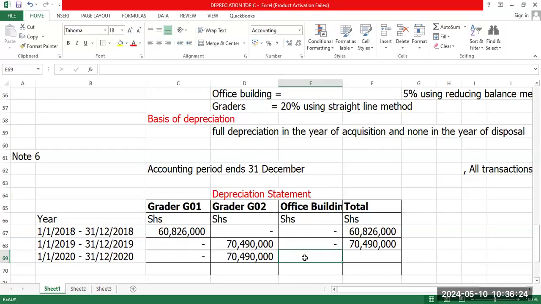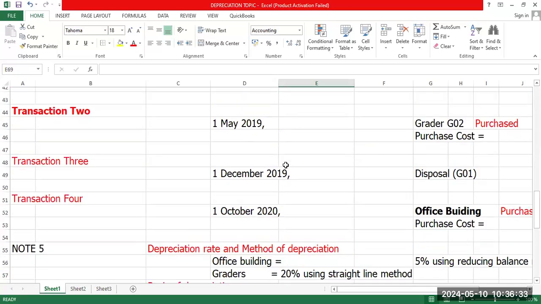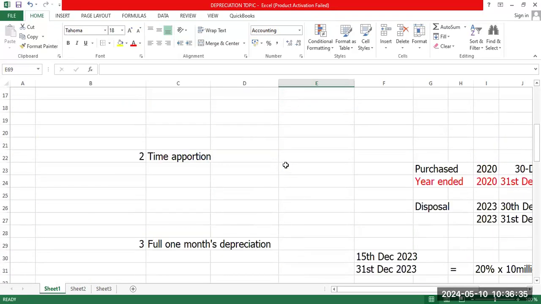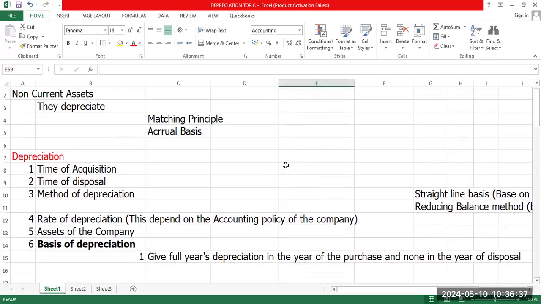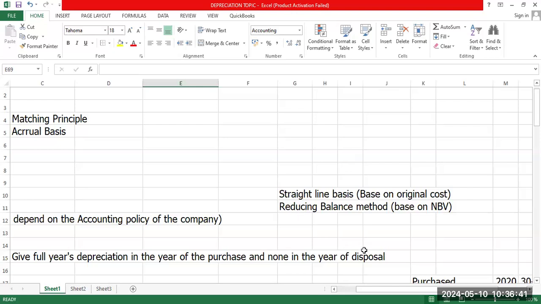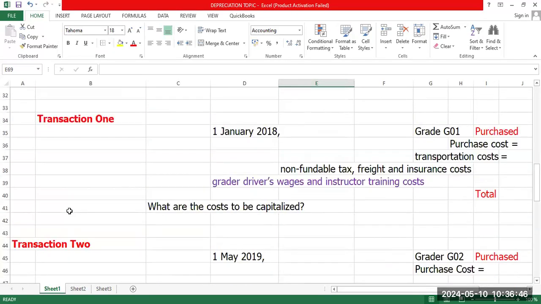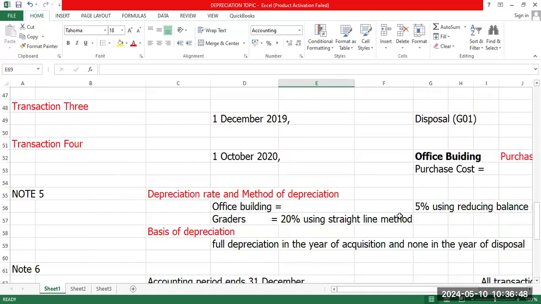What about the office building? Do we have the office building in 2020? Yes. And which method are they telling us to use for the office building? Reducing balance method. It is here.